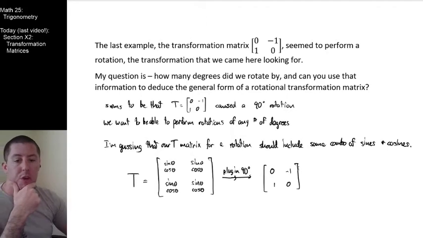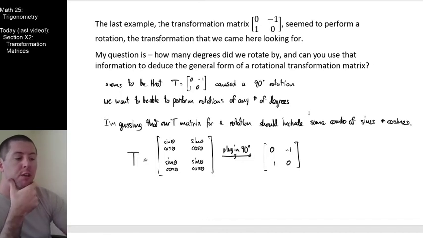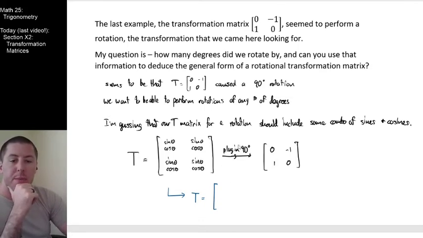So my question for you is, what should our transformation matrix look like here? Let's try to guess what our parts are going to look like. For this upper left term, when I plug in 90 degrees, I should get out the number 0.